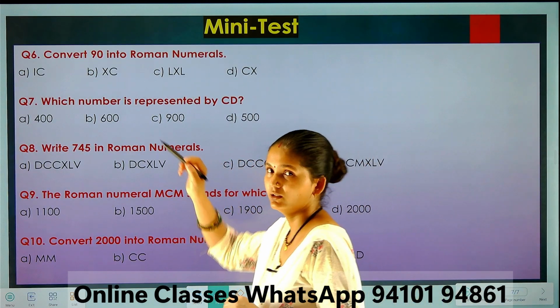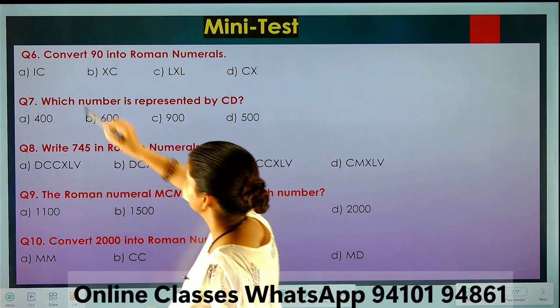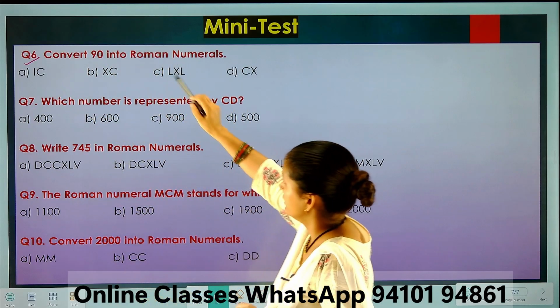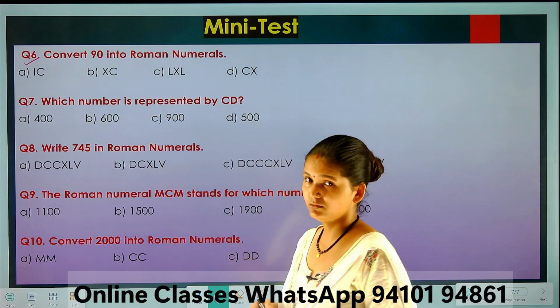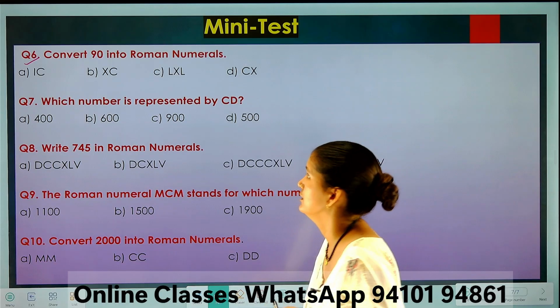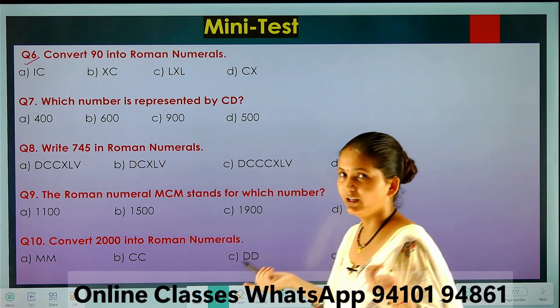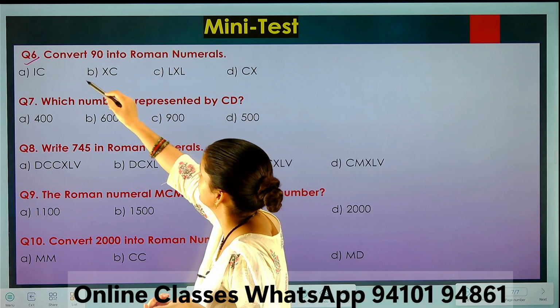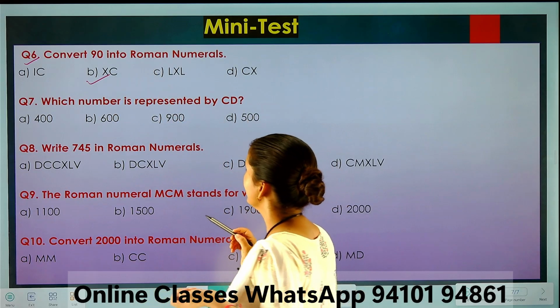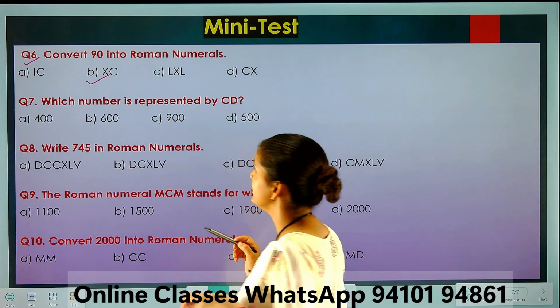Next, solve these questions by yourself. Convert 90 into Roman numerals. 100 minus 10, 90. Means XC. XC is the correct option. Which number is represented by CD?